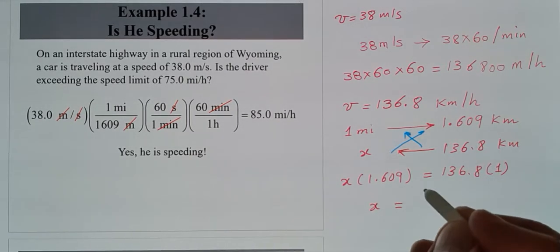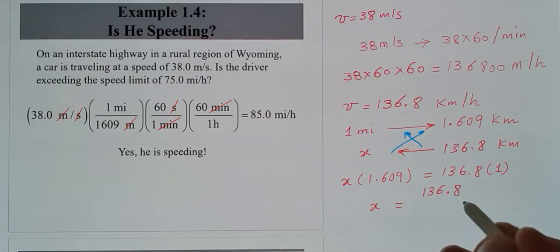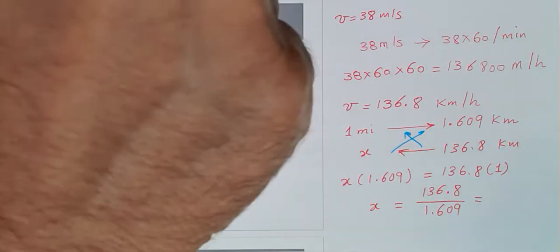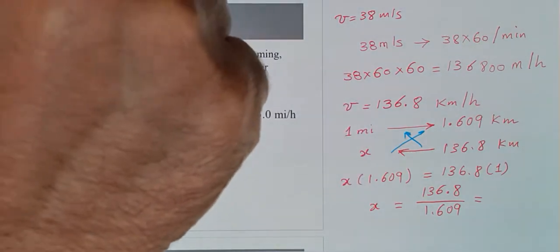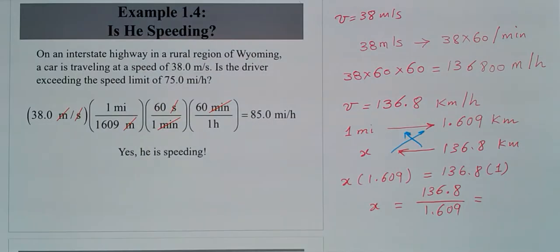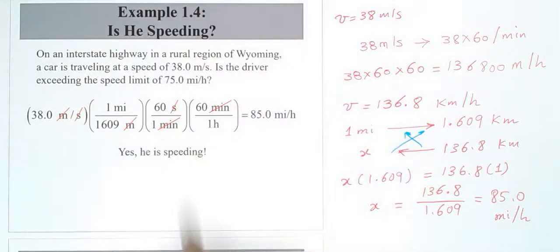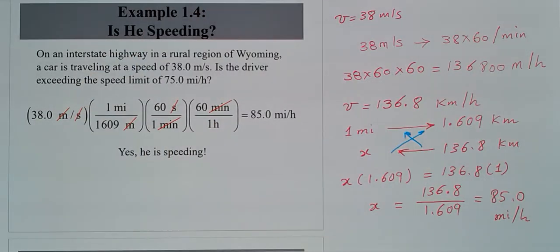So x is equal to 136.8 divided by 1.609, and that is 85.0 mile per hour, which is more than 75 mile per hour. So he is speeding.